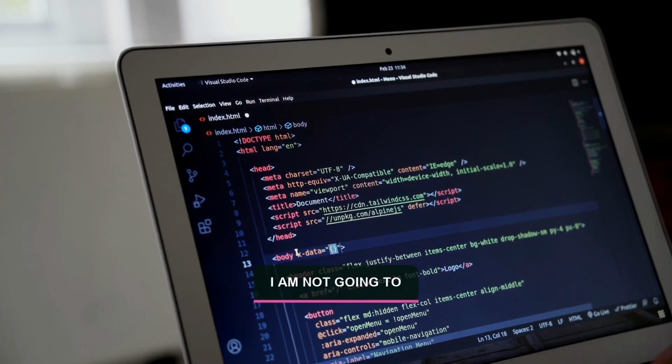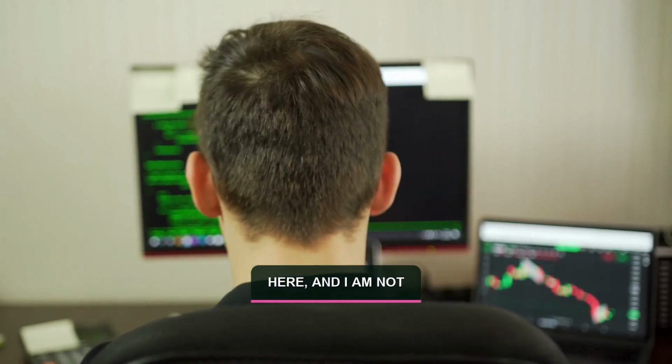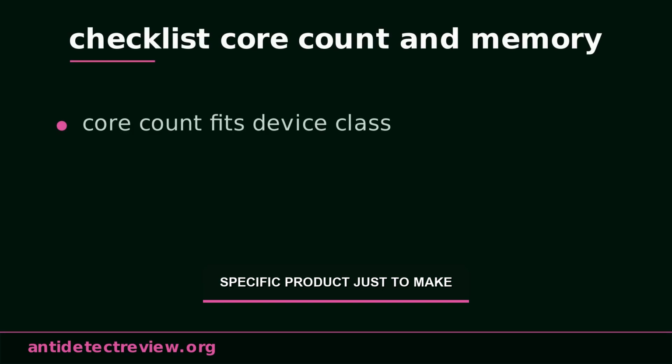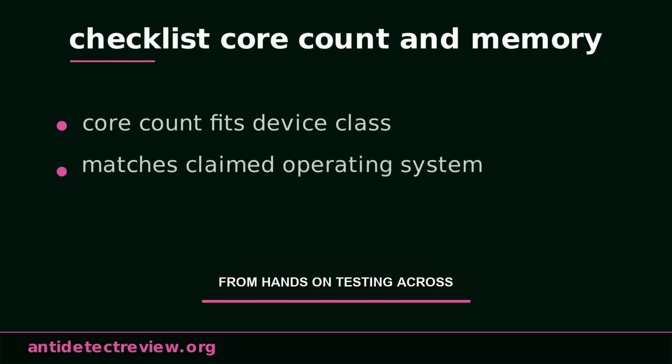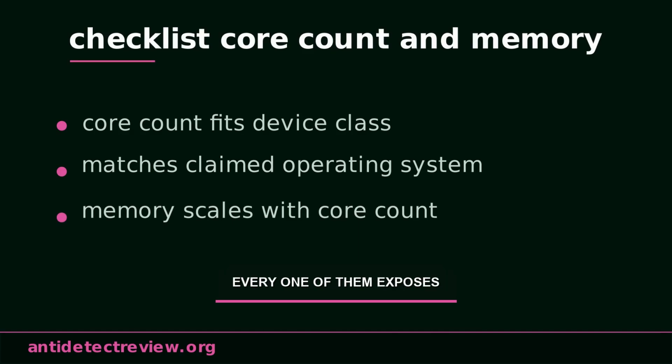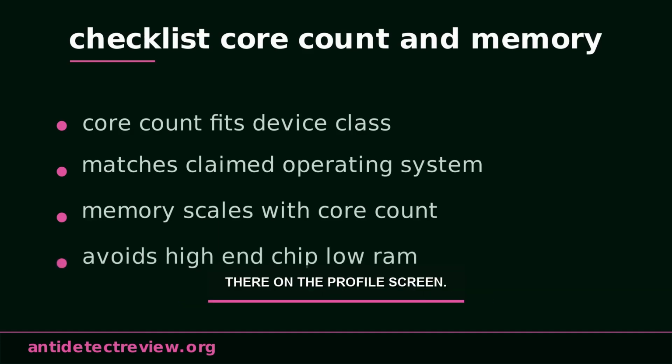I am not going to hand you a benchmark number here, and I am not going to invent a pass or fail rate for any specific product just to make this sound more authoritative than it actually is. What I can tell you from hands-on testing across tools like Multilogin, GoLogin, Kameleo, AdsPower, and Dolphin Anty is that every one of them exposes core count and, where relevant, battery fields as configurable settings sitting right there on the profile screen.